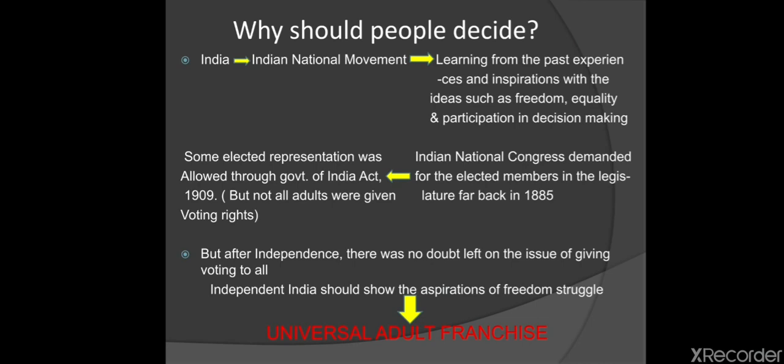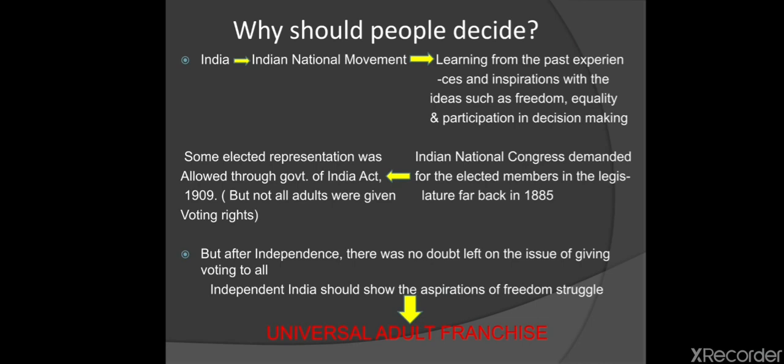And in 1909, the Government of India Act came. You know that the British used to introduce new policies and laws time and again. This was also one of the acts introduced by the British. But in this act, some elected representation was allowed. After the struggle for this demand for voting rights, which started from 1885, in 1909 some elected representation was allowed.